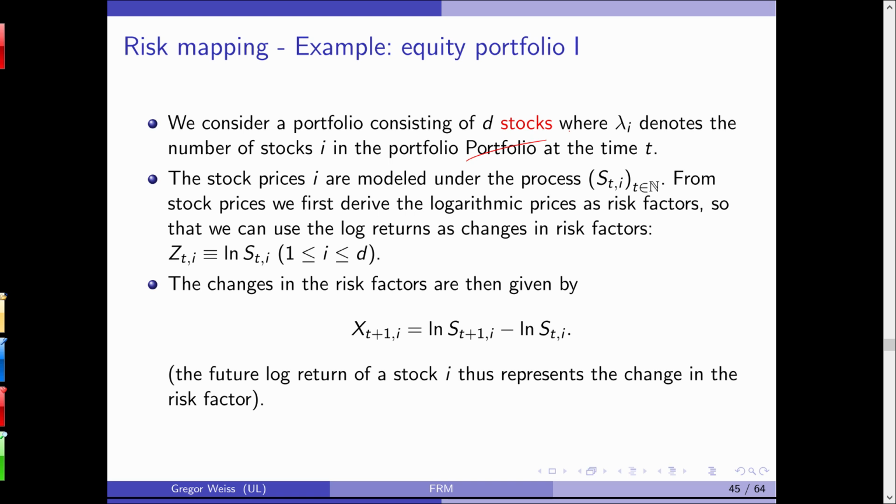We are not going into detail with profitability, liquidity, leverage, and so on. We simply use the log returns as the sole risk factor here. So X_{t+1} is the difference in the logarithmic prices, that is the log return.